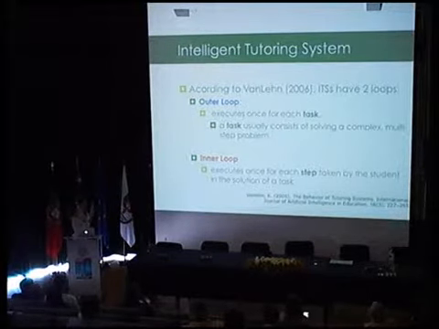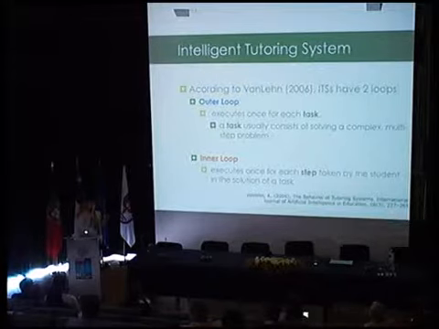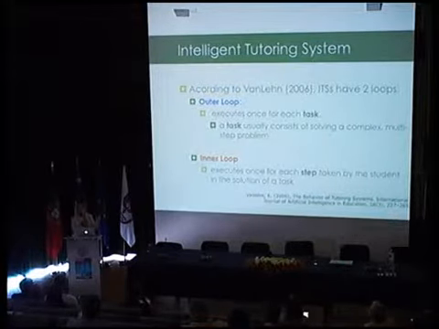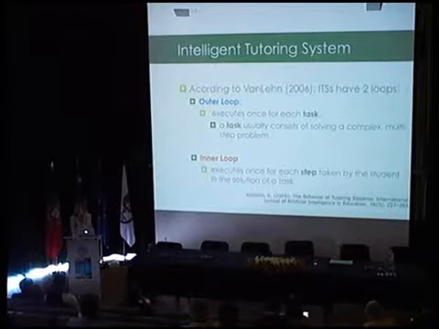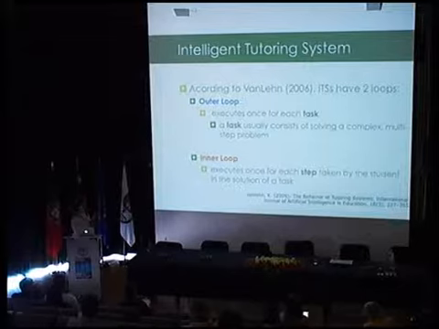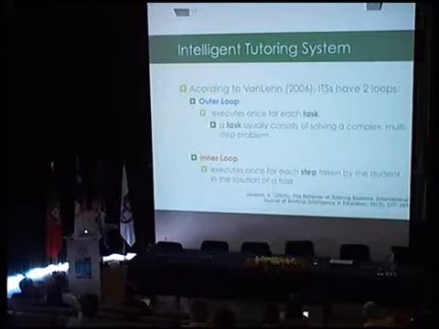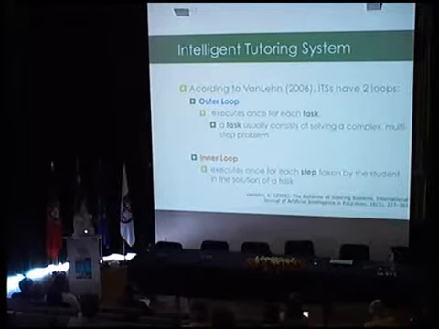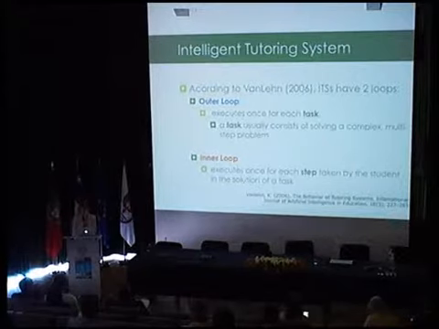And in the inner loop, the system supports the student when solving a complex problem step by step. So it executes once for each step taken by the student in the solution of a task.